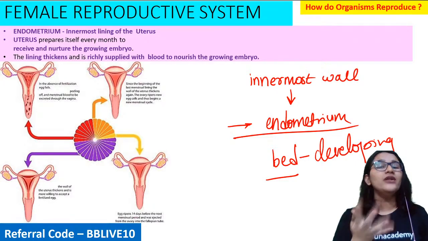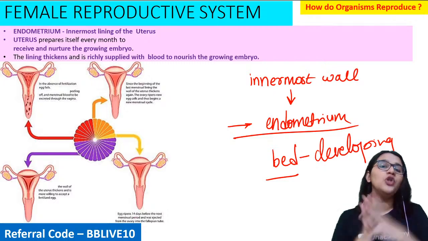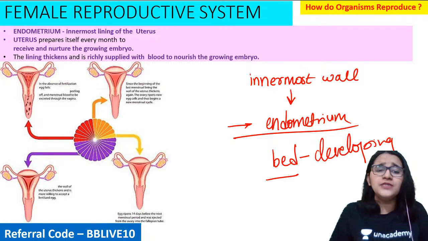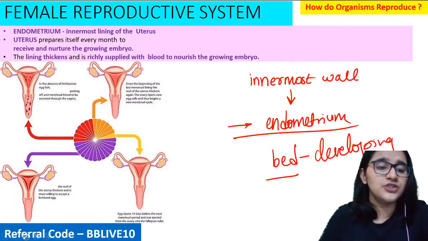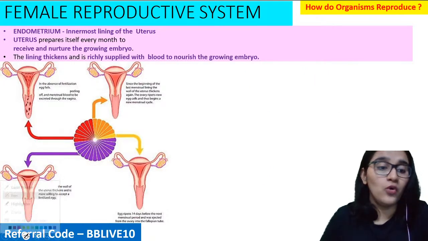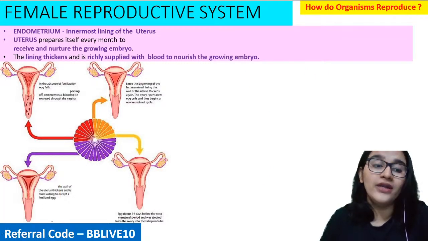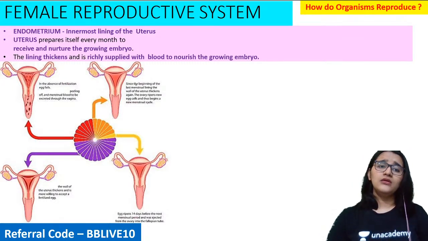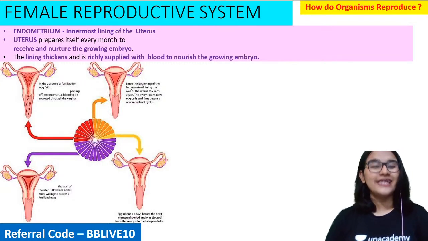But what if no sperm ever comes and fertilizes the egg? What happens then? Is it necessary to have a baby all the time? No. So the thickened endometrium is not required, and therefore the body decides to throw it out.